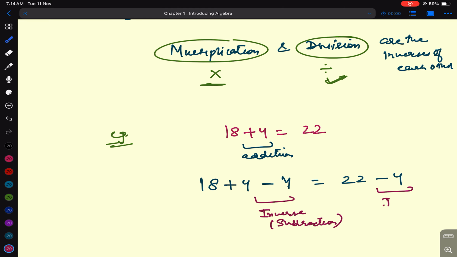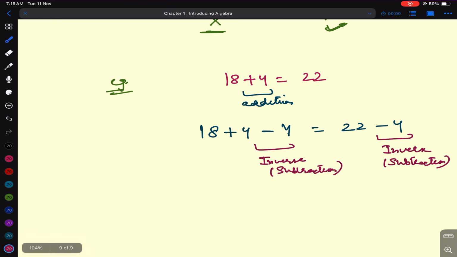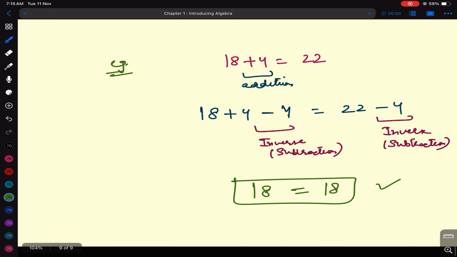Now when I use the inverse, I use it on both sides, so that we can balance out the equation. So I have subtracted 4 on both sides, using it as the inverse operation. That is eventually going to lead me to 18 equals 18. That means the left hand side is equal to the right hand side, and that definitely makes sense, right?